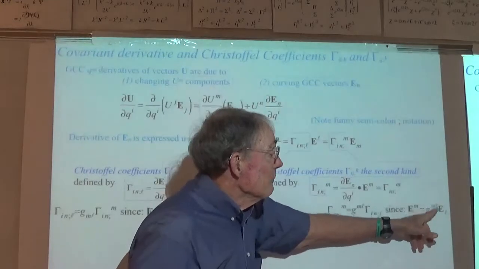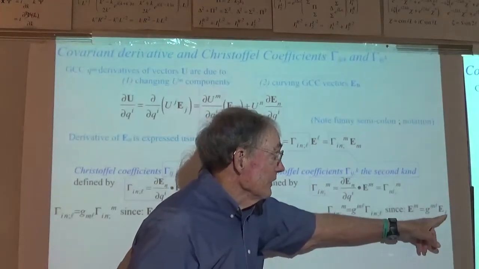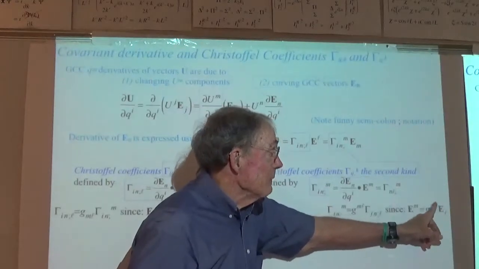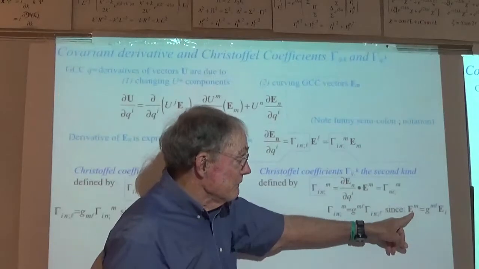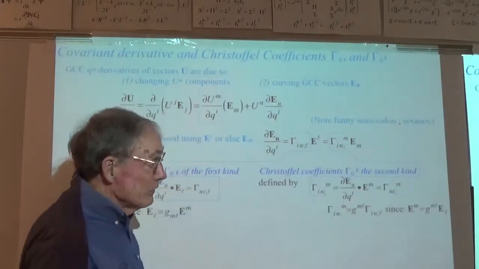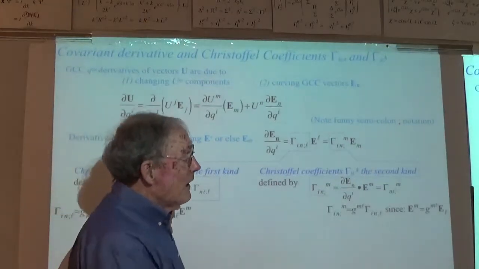In other words, the metric tensor that's contravariant takes a covariant thing after you've summed over the dummy index L in this case, and gives you a contravariant vector. So these are the linear combinations between what we've been jokingly called bras and kets.